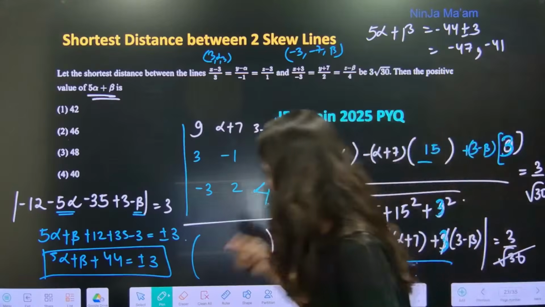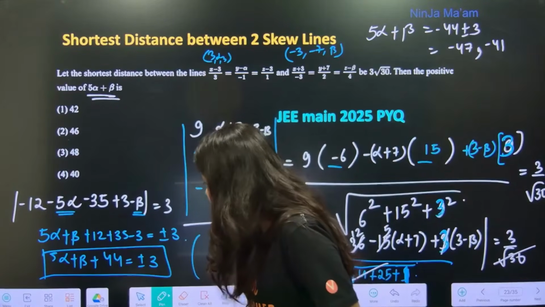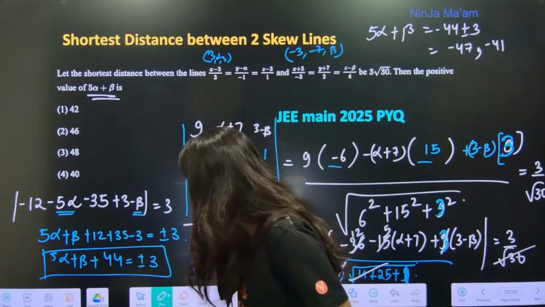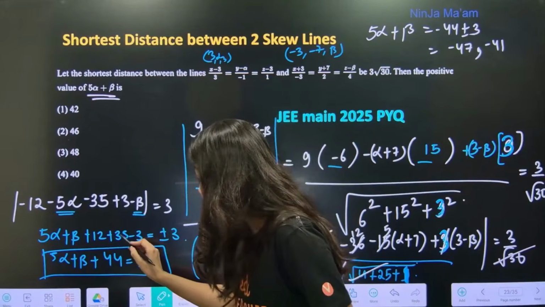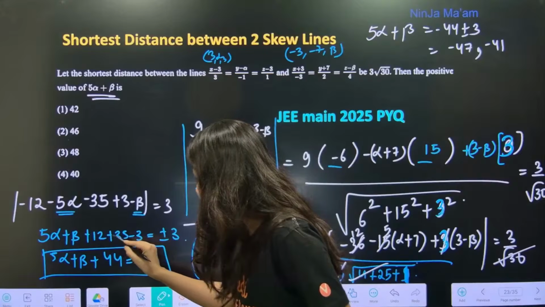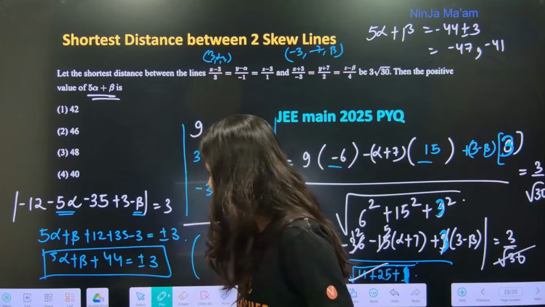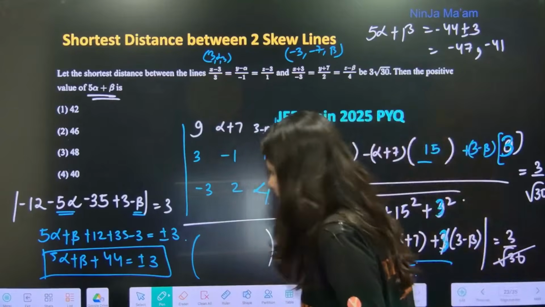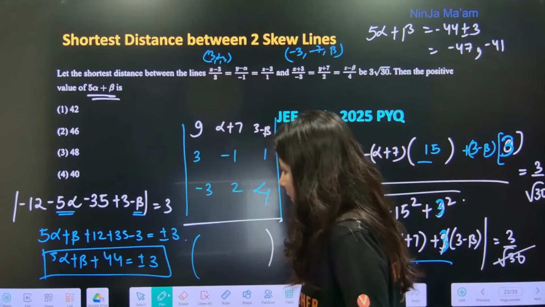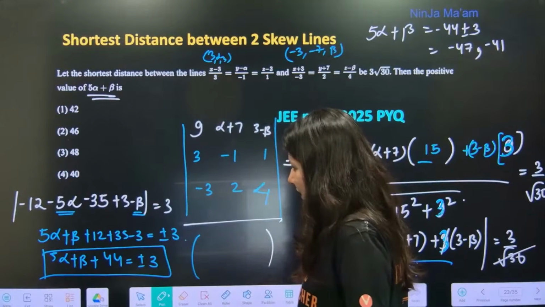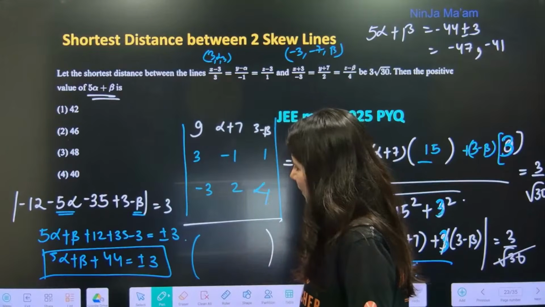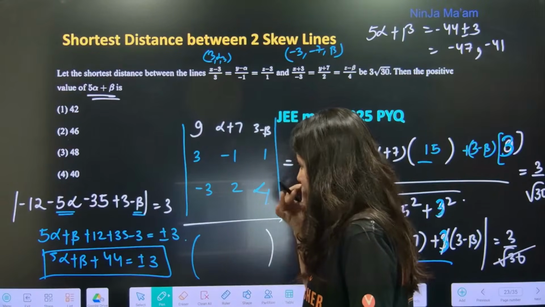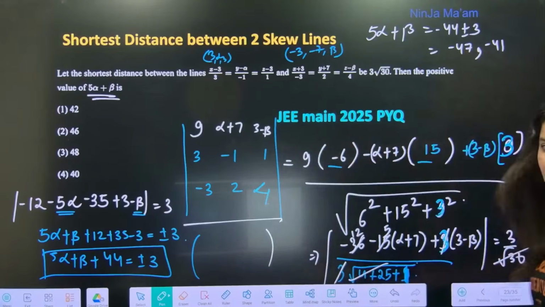Hold on. 3 cancels. How could I forget? 47, correct? 47 minus 3 is 44. Is it correct? 3 minus beta, yes. 44, and now if I shift, it will be 3 minus, it is either 41 or 47. Am I doing anything? Just one mistake I am doing.